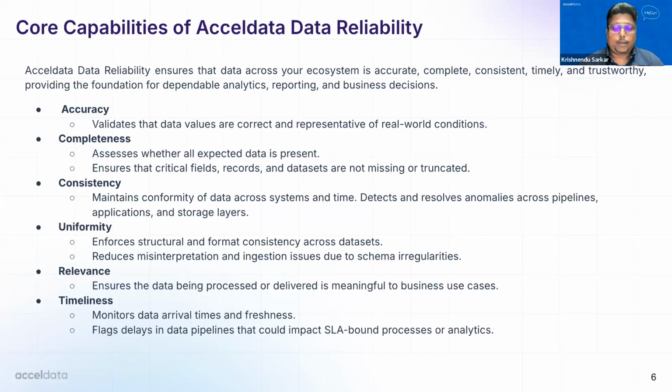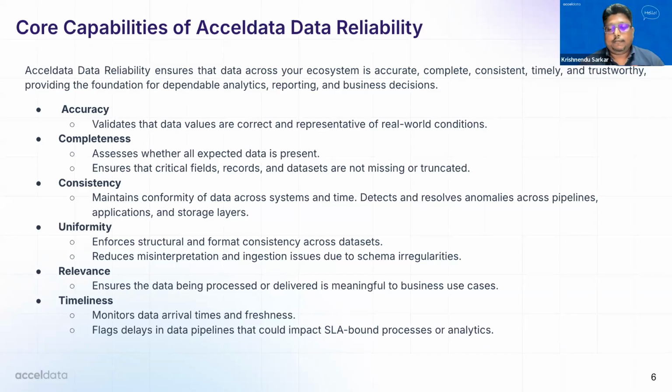Then coming to uniformity, it ensures consistent formats and structures, like data formats and column orders, and prevents errors during data ingestion and processing. Then relevance verifies that the data supports business needs.